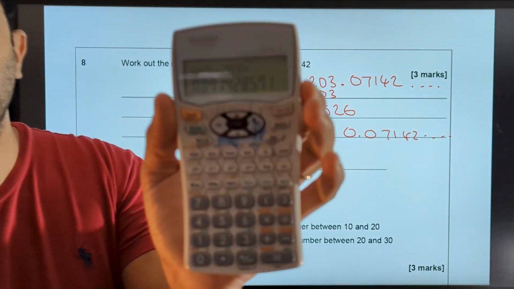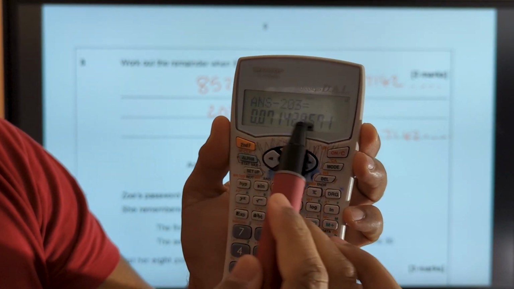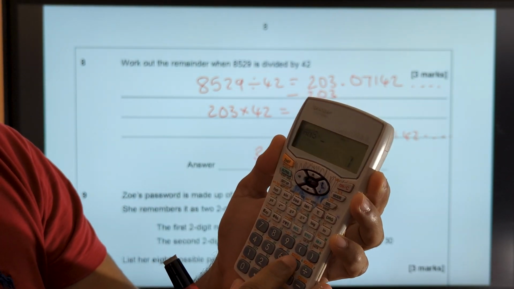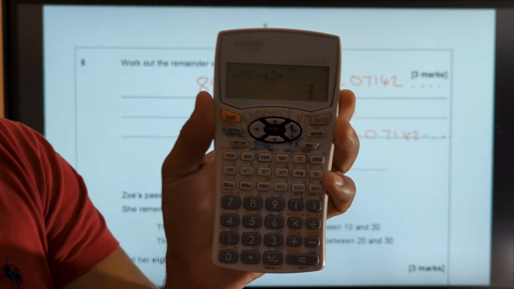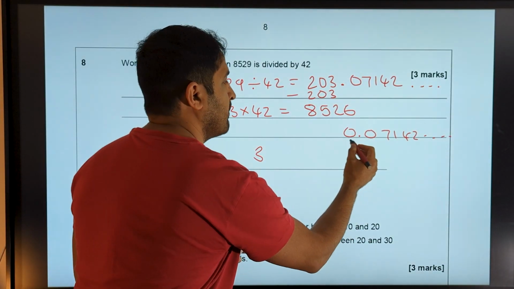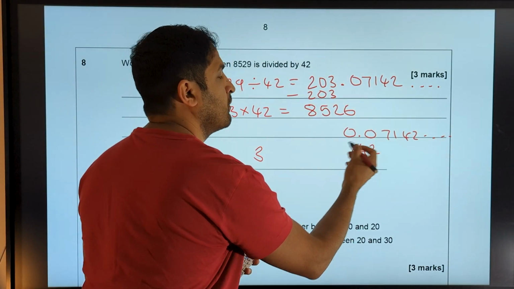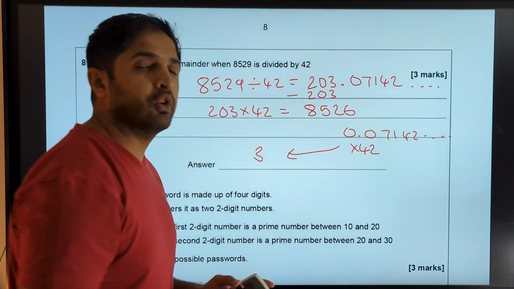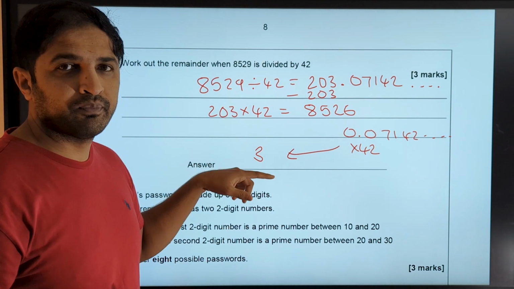I'm keeping that answer in the calculator, and then multiplying that by 42, and it will give you 3. So how much of the 42 is left over? When you work it out, the answer is going to be 3. So there are 2 different ways you can do that.